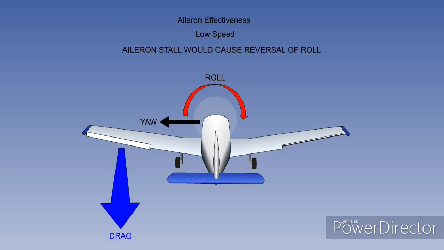The downgoing aileron will add to the yawing moment from increased induced drag, and may even stall the outer section of the wing at low IASs. Adequate aileron effectiveness is clearly very important, since VMCL requirements include rolling and not just directional control.